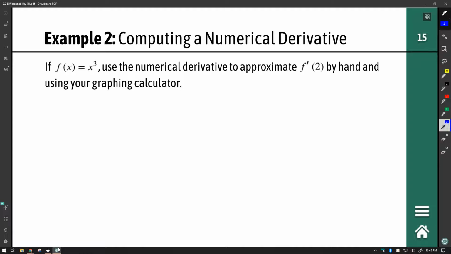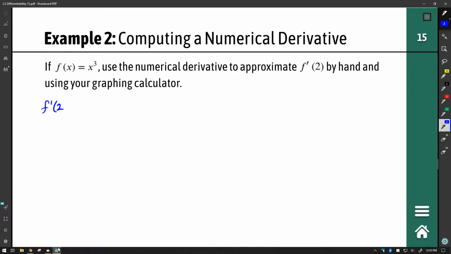Here's an example. Let's compute the numerical derivative with this setup. If f of x is equal to x cubed, let's use the numerical derivative to approximate f prime of 2, both by hand and using a graphing calculator. So the numerical derivative would look something like this.